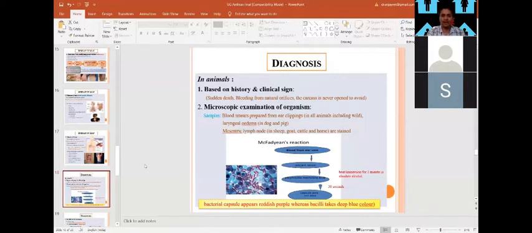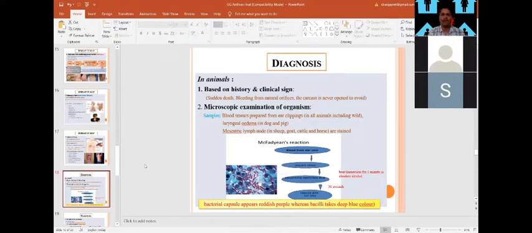Here the capsule stains pink, and the vegetative cells of this organism stain blue. So blood from the ear veins is used to prepare smears, stained with polychrome methylene blue, and the smears are fixed either with heat or with absolute alcohol for 1 minute.